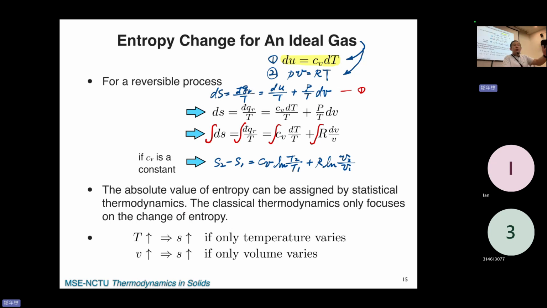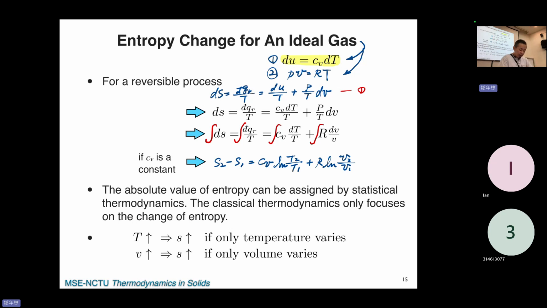So all we can do is look at the change, delta S. But when we focus on the randomness by using statistical thermodynamics, then we can have closer or deeper insight into S. Okay, I will introduce that later.